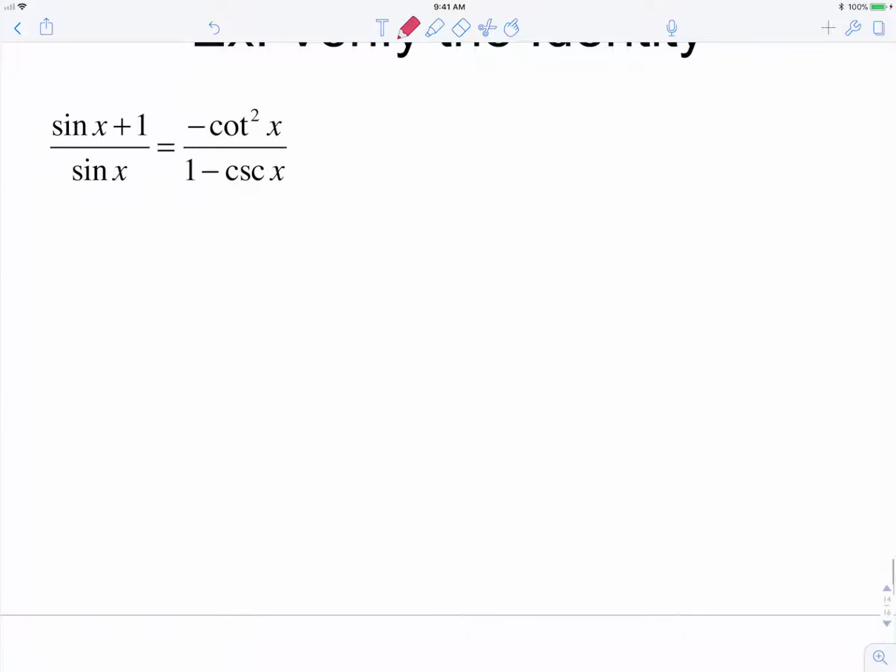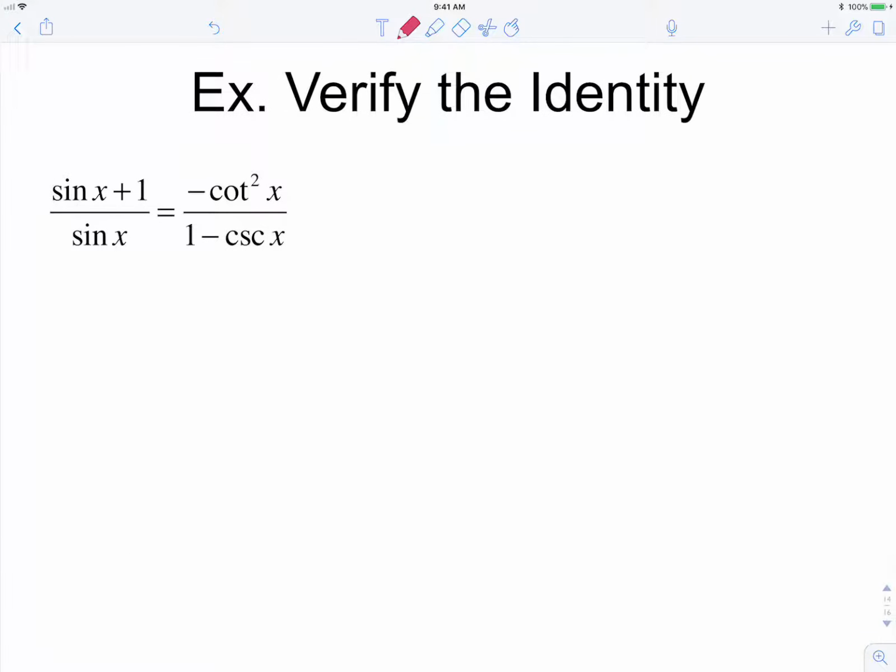This is our last one. Okay, so trying to decide right or left. Both look pretty complicated. I'm going to use the right-hand side since the left-hand side is already in terms of sine. Now, negative cotangent squared.